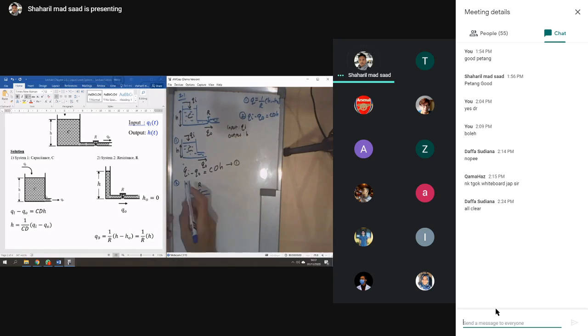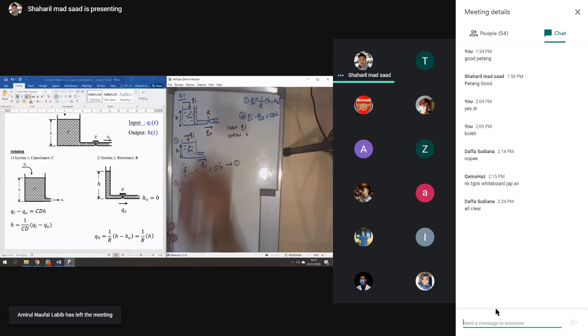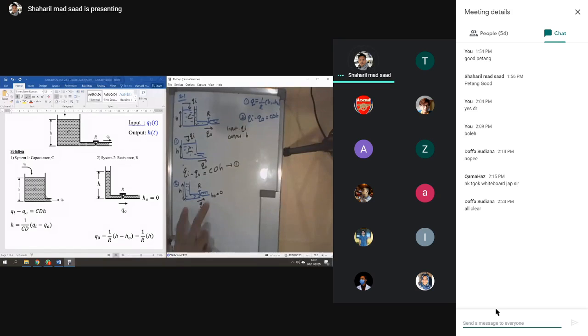And then you will have the H here, right? This one H. And then of course you will have H naught equal to 0, because remember, in order to find the resistance, you need to have H1 minus H2, right? So right now you have H minus H naught, and H naught is 0. Okay, there is no height there.